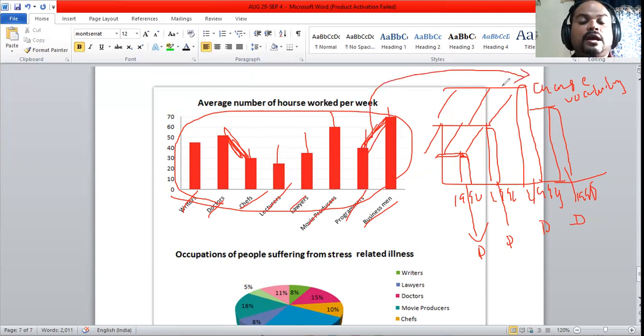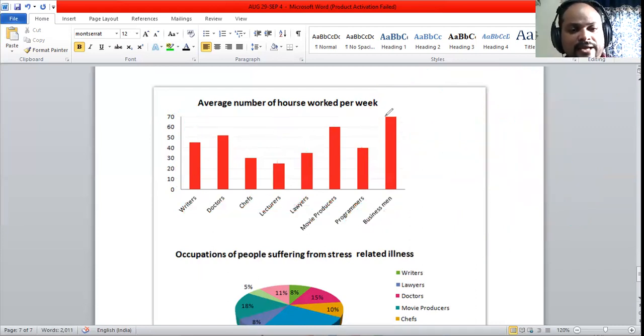No, I cannot compare these two with change vocabulary. What is change vocabulary? Rose, grew, climbed, fell, dropped, slipped. All these cannot be used to compare these two. Instead, I can say this was higher, this was lower, this stands high, this is less, this is more.